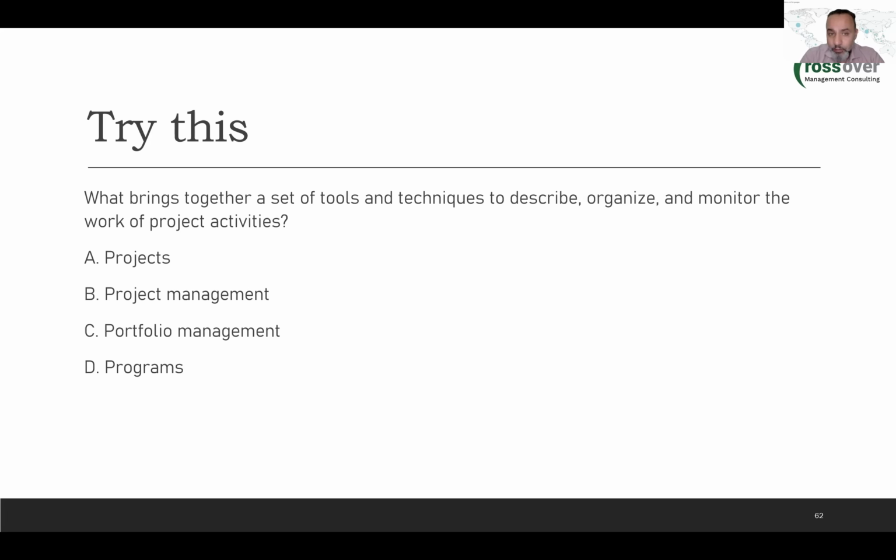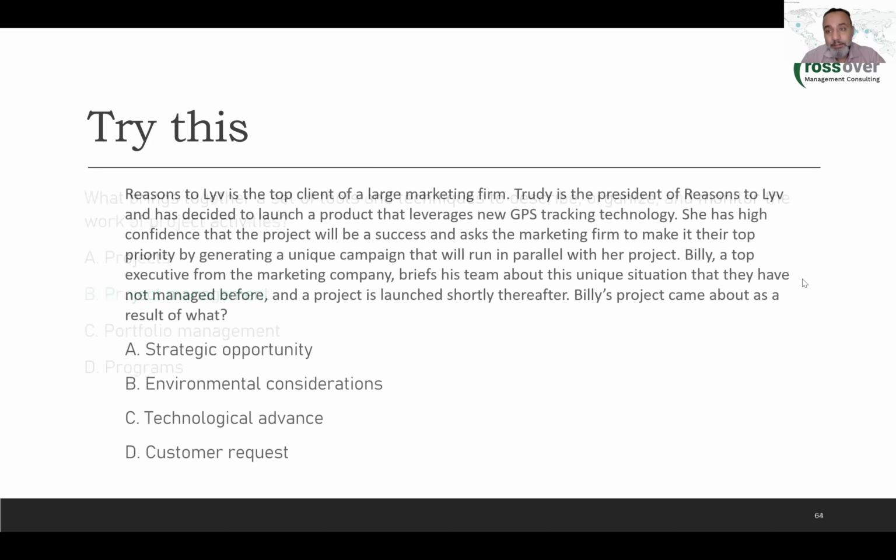Is this a portfolio management? No, we don't have here a portfolio, right? What do we have here? Yes, this is project management. This is another definition of project management, right? The tools and techniques that you use to describe, organize, and monitor the work of project activities. Correct. Fine.